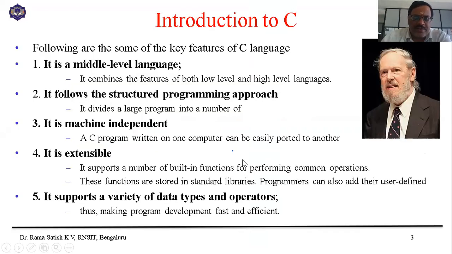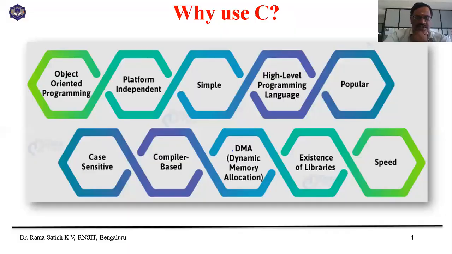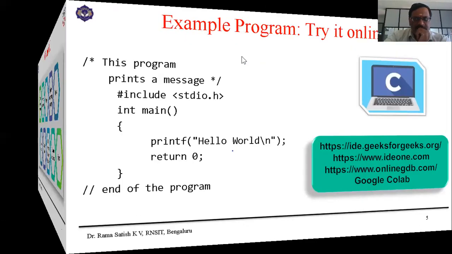Let us have a small review of what we have discussed last class. Last class we discussed the brief history of C and some of the key features of C language. And we discussed why C language, what is the use of C language, and all these contents, its properties.